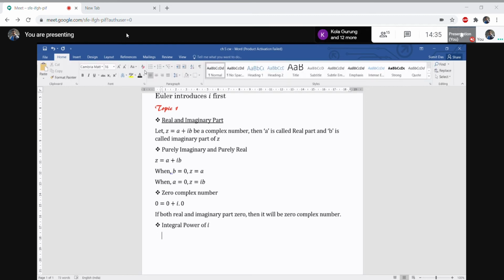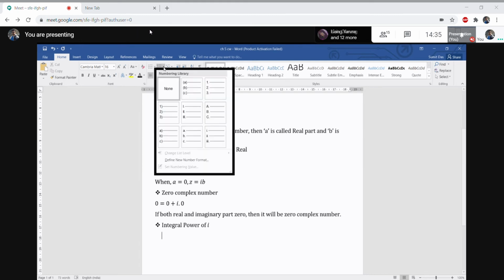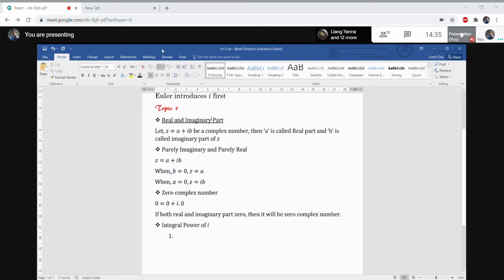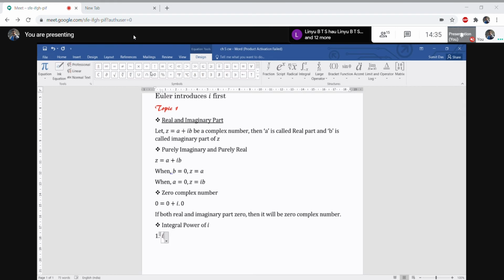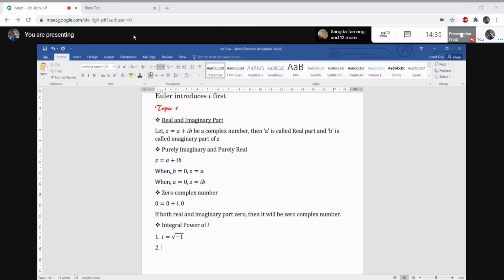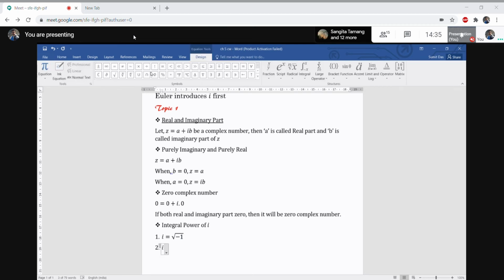What is this? Suppose we know the value of i is square root of -1, right? So what will be i square?